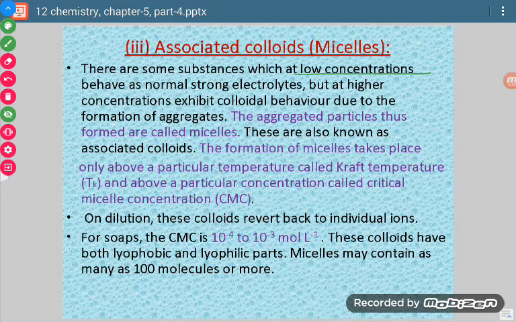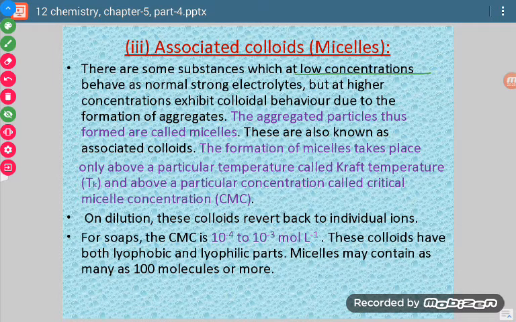What is a simple electrolyte? It conducts electricity in its aqueous form or in its molten state. But when we take its aqueous solution and increase the concentration, then it behaves like a colloid. Why does it behave like a colloid? Because what is the main property of a colloid? They have particle size in the range of 1 to 1000 nanometers. So what happens here?